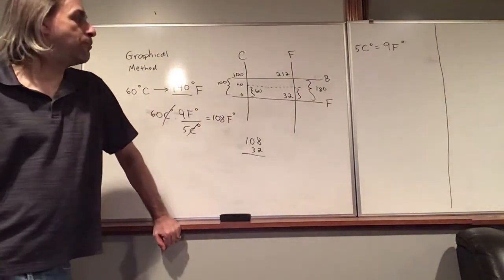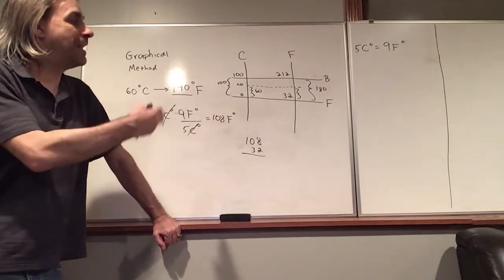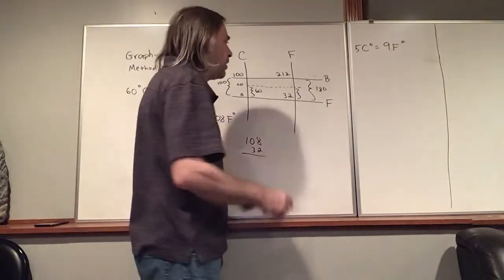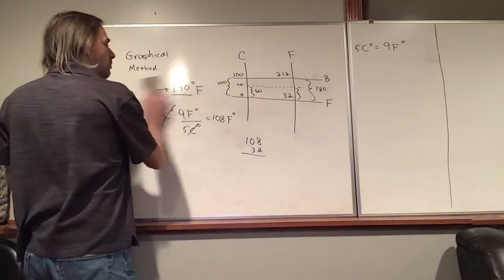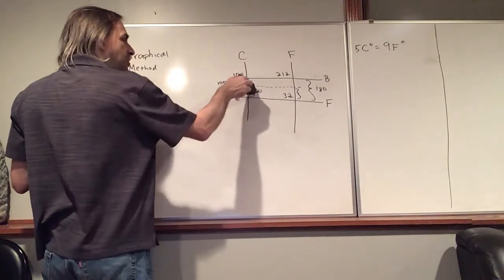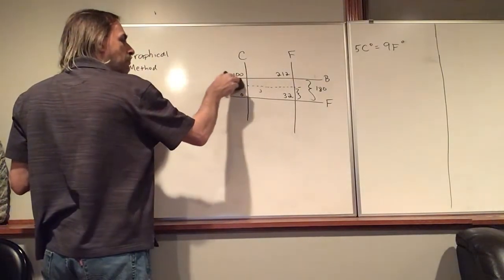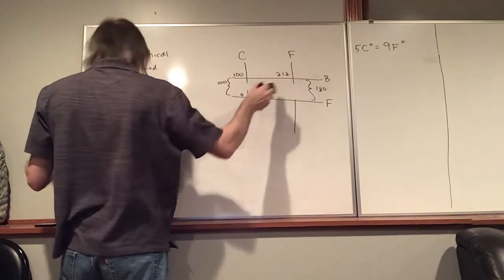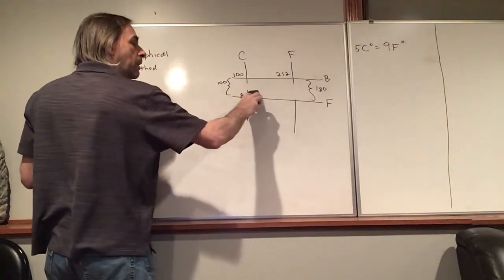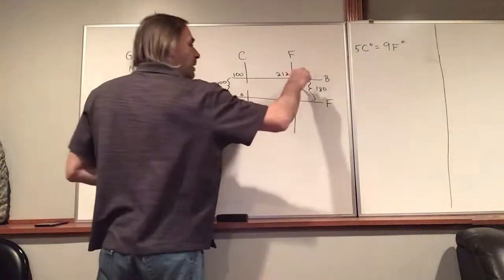So that's just one example of changing from Celsius to Fahrenheit. Let's do one going the other way as well. I'll just make up a number. Let's say it's 20 degrees. That might actually be accurate right now, because it's December.